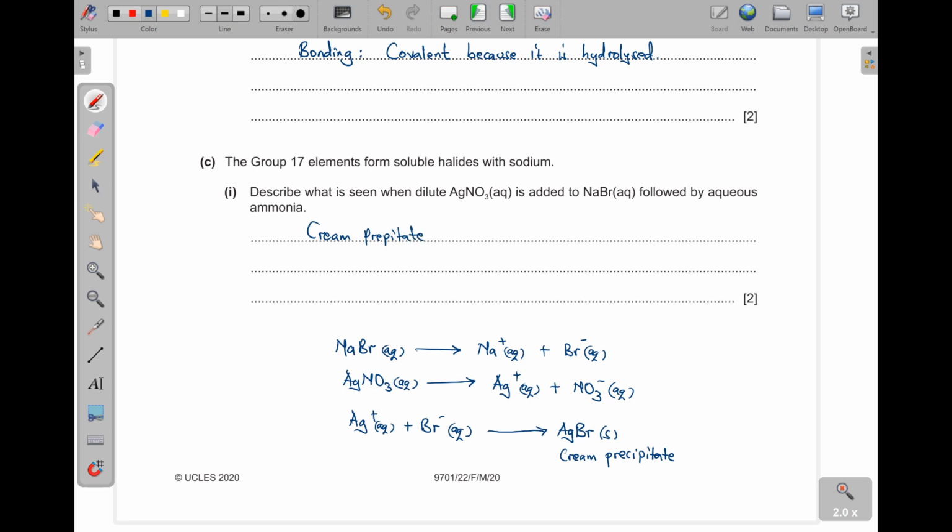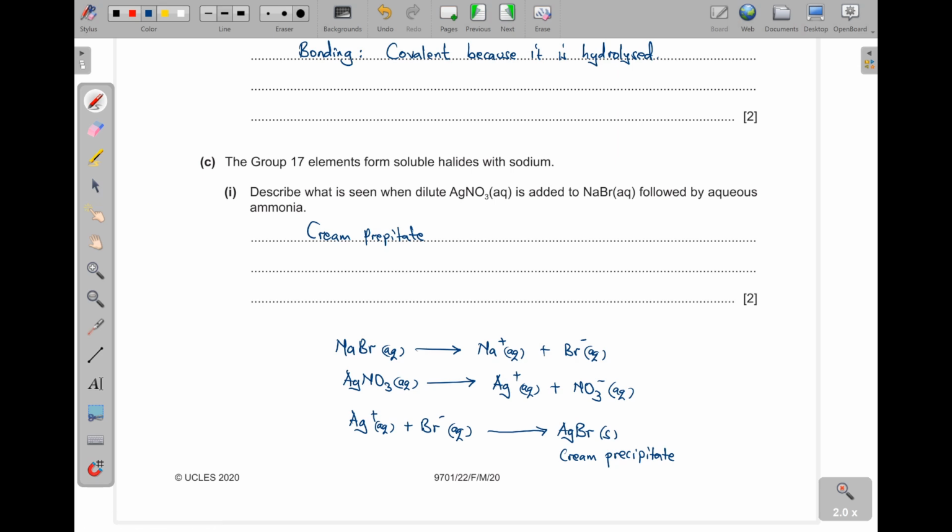But then what is going to happen is that the chlorides are soluble in aqueous ammonia and also in concentrated ammonia. When it comes to the bromides, they are partially soluble in aqueous ammonia. Sometimes they even say insoluble in aqueous ammonia, but in concentrated ammonia, they are soluble.